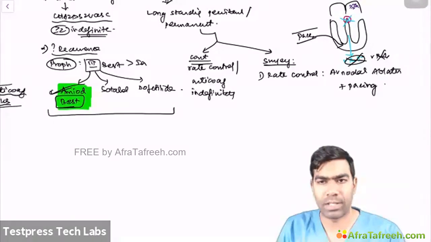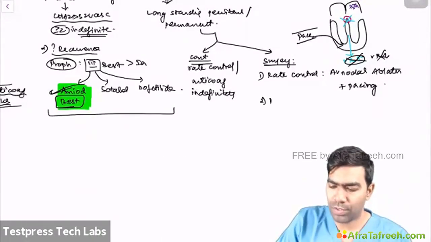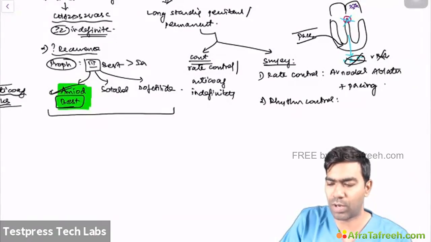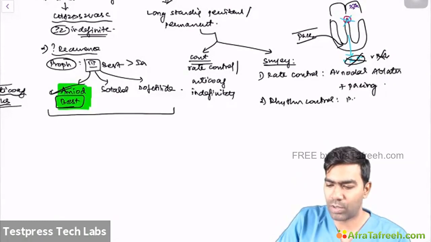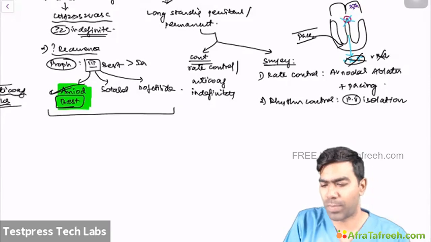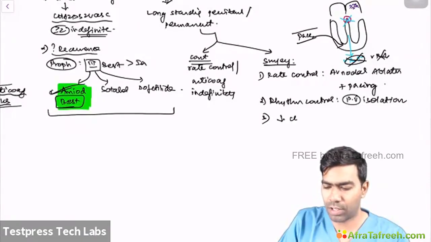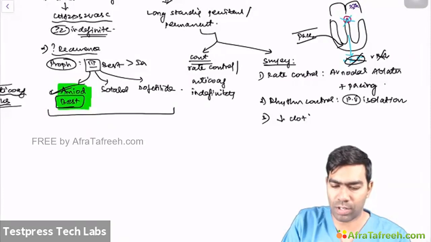Suppose you want rhythm control only. In that setting, we can do something called pulmonary vein isolation. Or your idea is to reduce the thromboembolic manifestations.